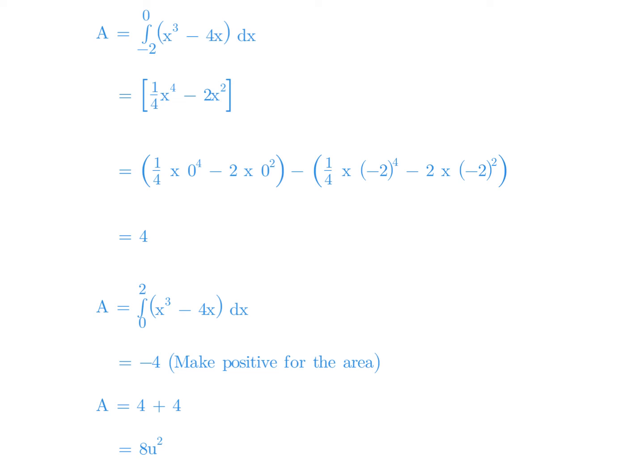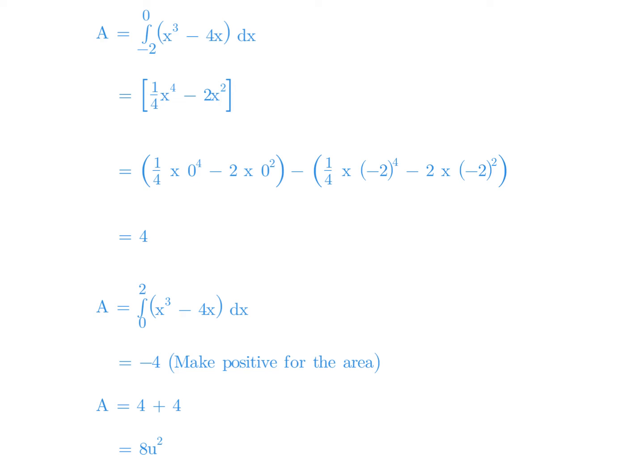So let's start with the integral from -2 to 0 of x cubed minus 4x. Going our normal, raise your power, divide by your new power, between -2 and 0, substitute in 0, minus substituting in -2, and we get a positive answer. And we knew we'd get a positive, we get 4 for that, because it's above the x-axis.